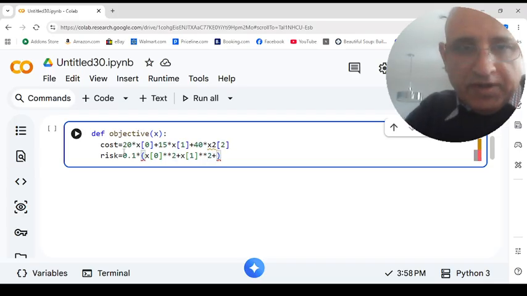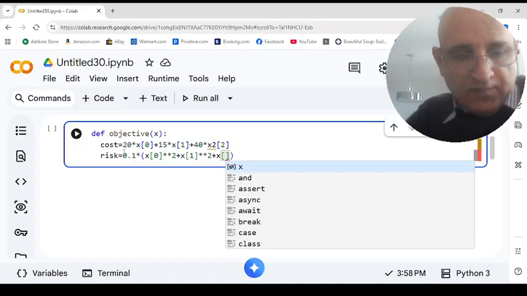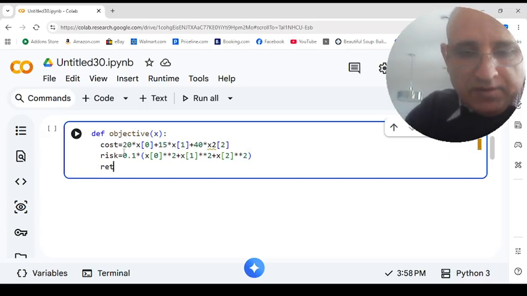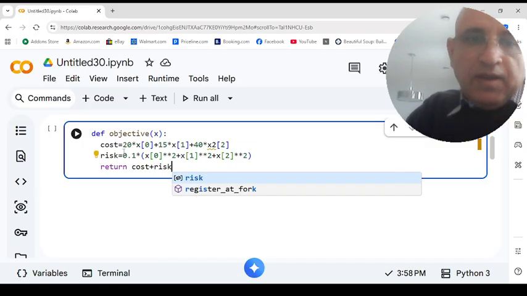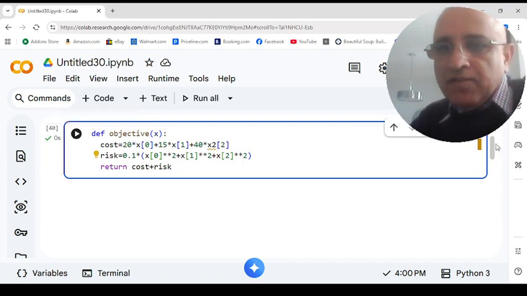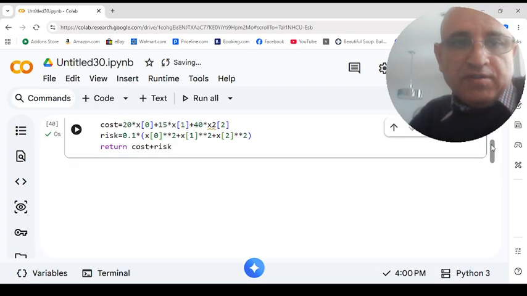You can say quadratic function for all three sources, right? And then you can return the sum of cost plus risk, and we want to minimize cost plus risk. That's why it's called non-linear optimization.